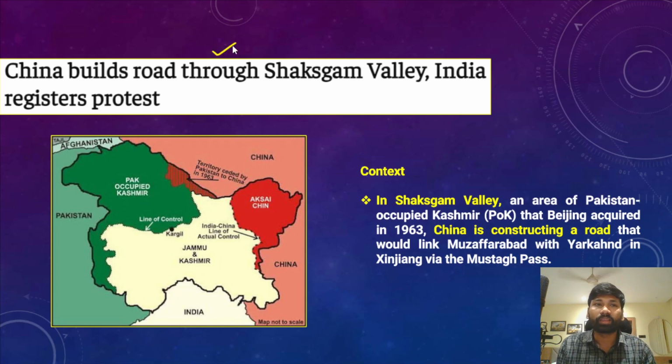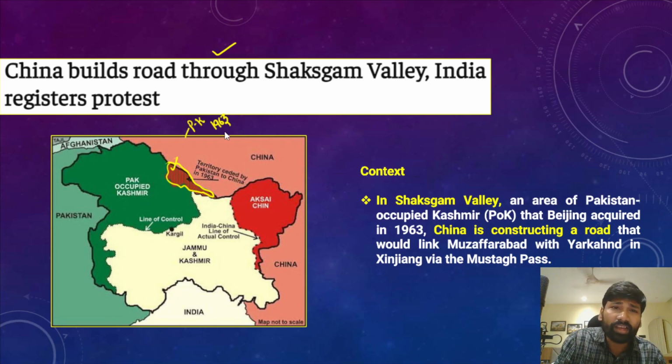So the next important article in the news is: China has been building a road through the Shaksgam Valley and India registered a protest. The region I am highlighting here is the Shaksgam Valley. Shaksgam Valley was part of Pakistan occupied Kashmir before 1963.